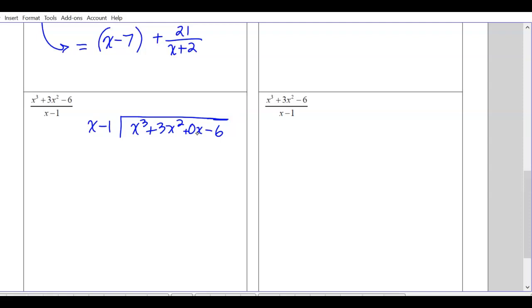First term, x cubed divided by x is x squared. Multiply that out. Then you're subtracting everything there. So if you've done it correctly, this should go to 0.